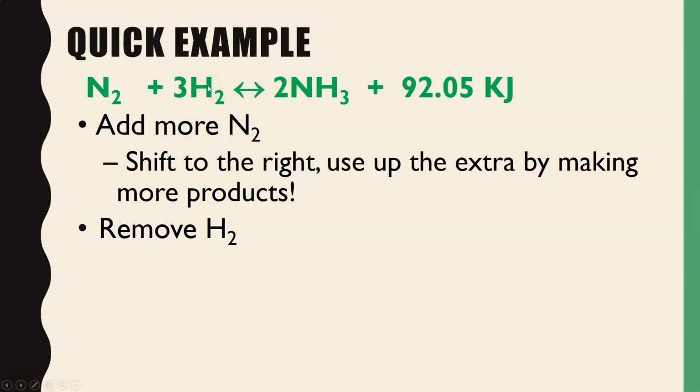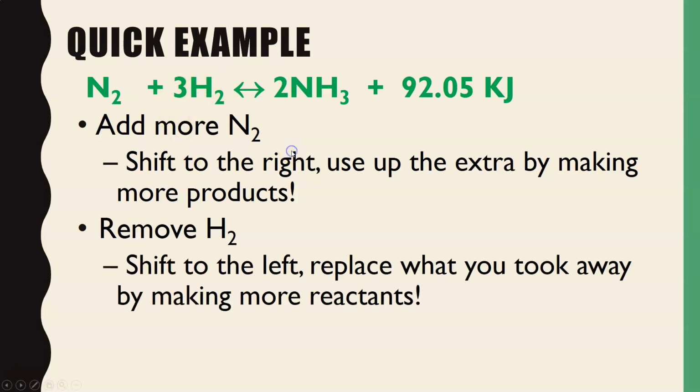It's going to go backwards more than it's going forwards because it's trying to make more hydrogen. So we say it's shifting to the left. It's going to keep proceeding in that backwards direction till it finds a new equilibrium, and then the forward and backwards rate will be the same again.